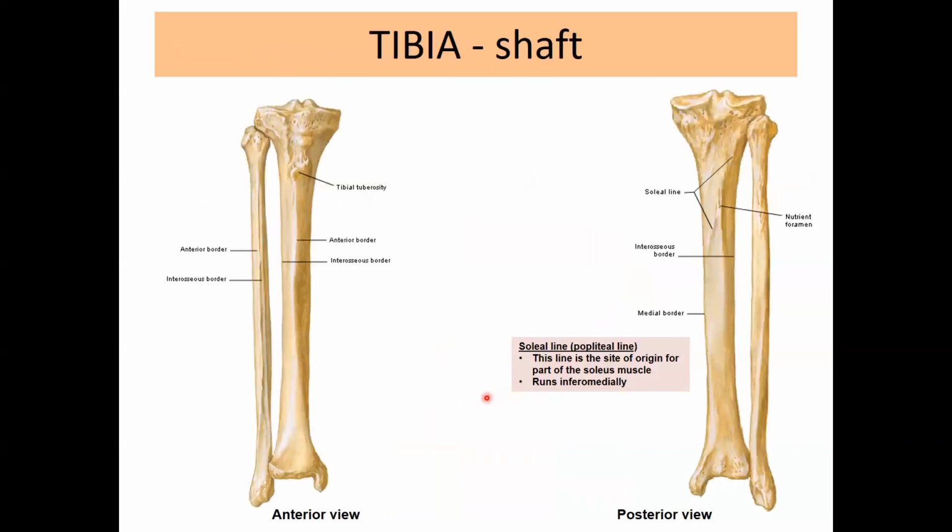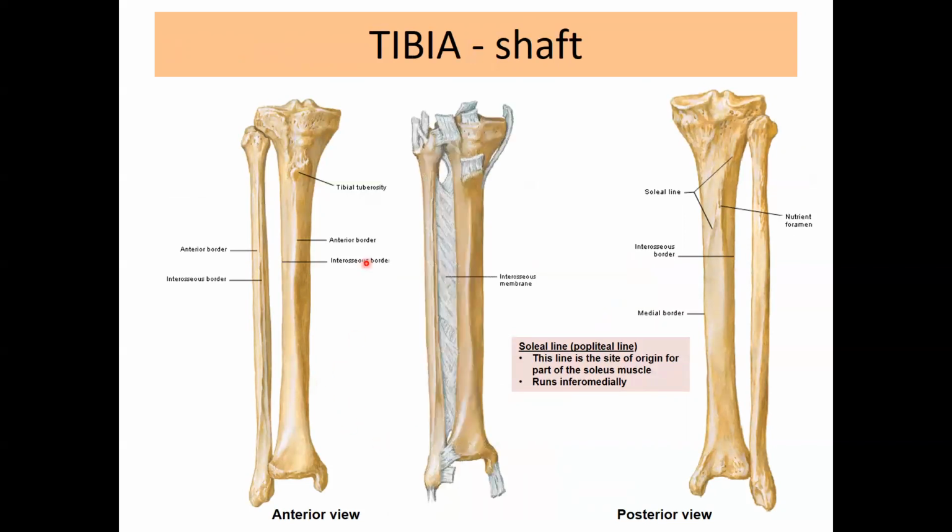The shaft of the tibia extends down from below the tibial tuberosity up until the distal end. This is anterior because there is the tibial tuberosity, and this is posterior because there is the soleal line here.